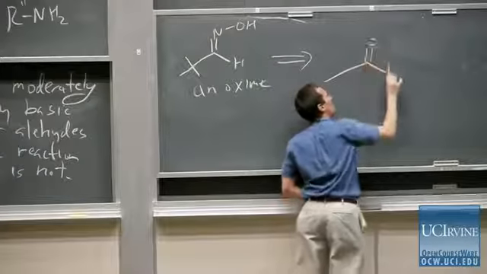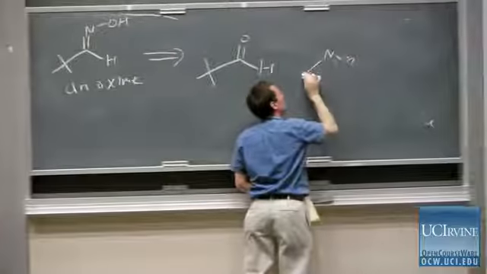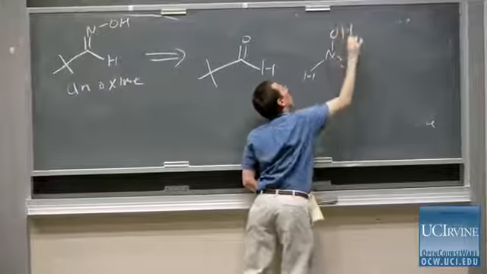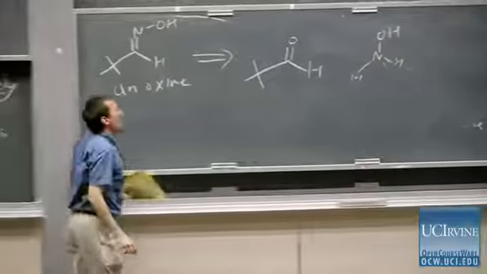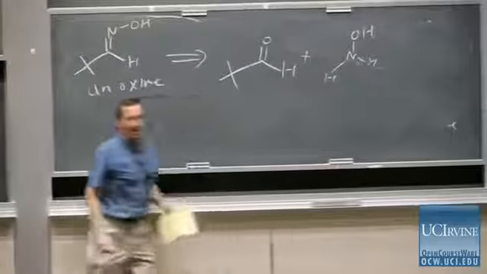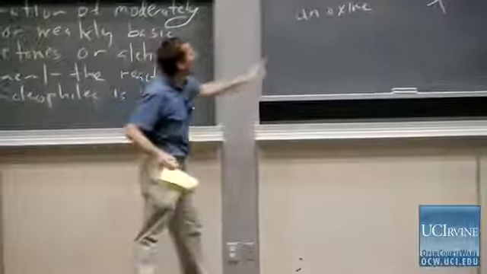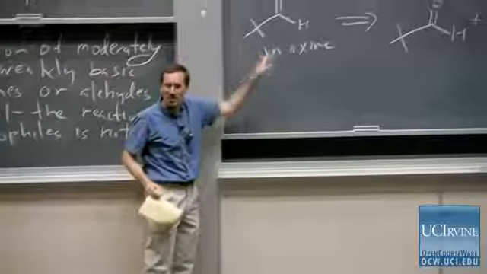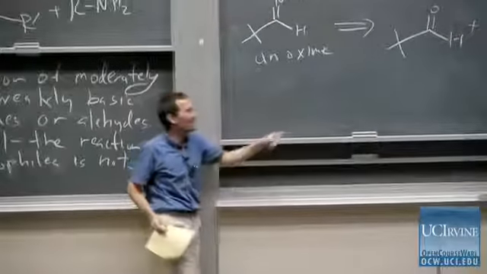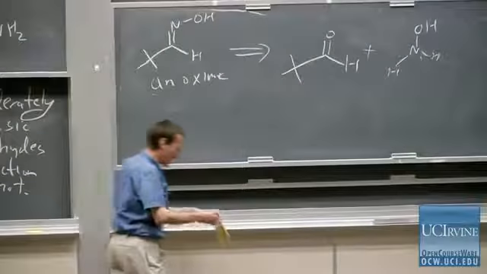That's just a funny looking amine called hydroxylamine reacting with an aldehyde. I'm smarter than he thinks I am. I know how to make that. I just react hydroxylamine with this aldehyde, maybe with a little bit of acid catalysis.